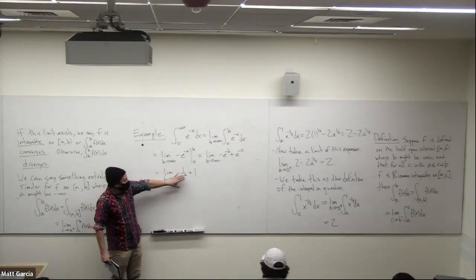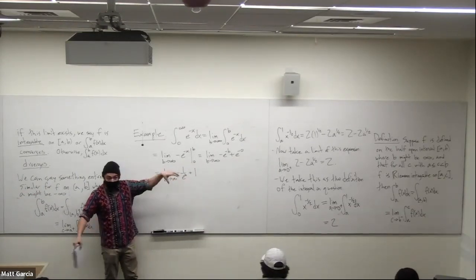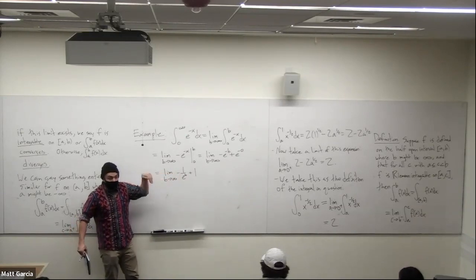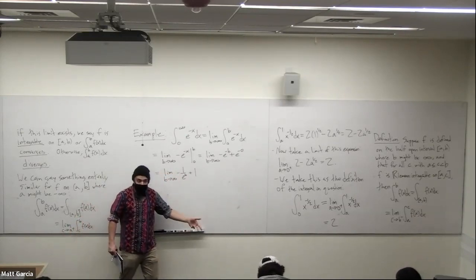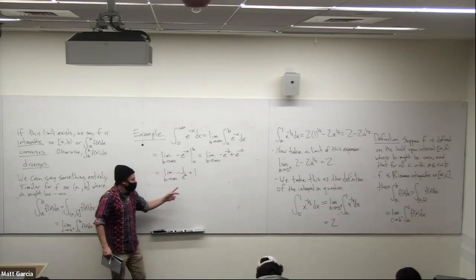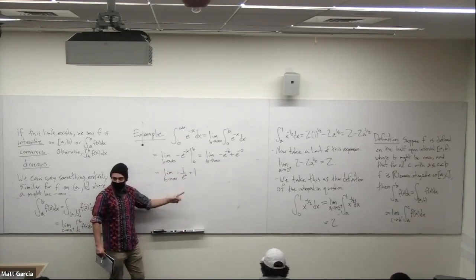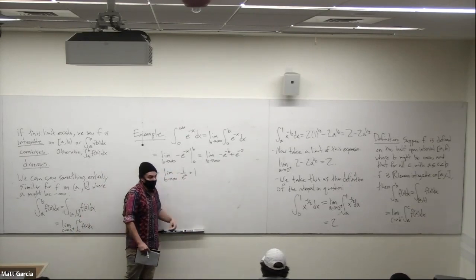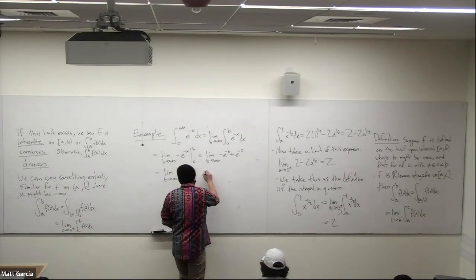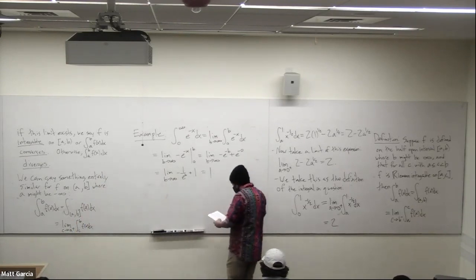So we get something in the denominator getting exponentially large. That means we're getting closer and closer to 0, quite fast, as a matter of fact. So this summand goes to 0 as b goes to infinity. And the limit of a constant is just a constant, right? So we get 1.